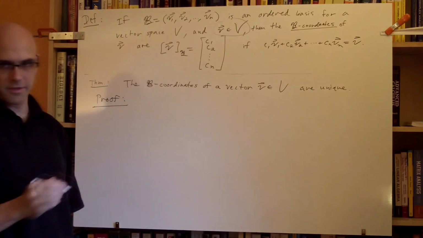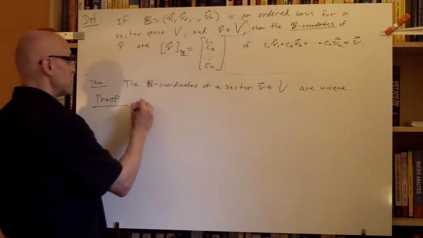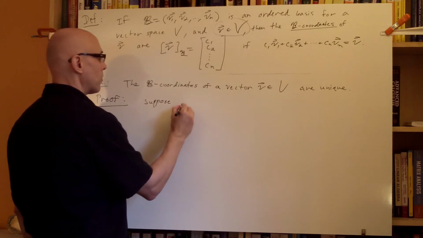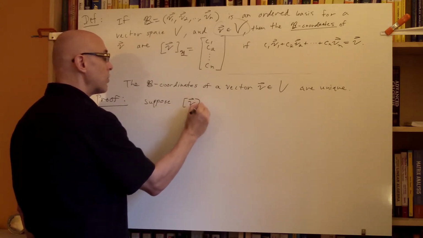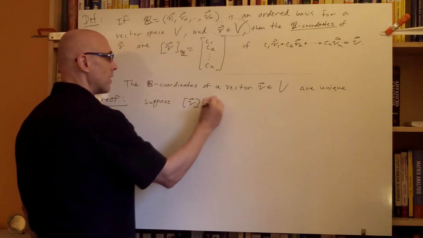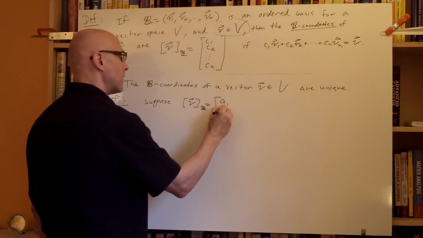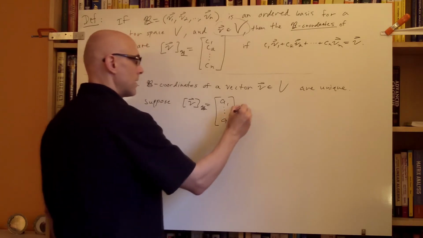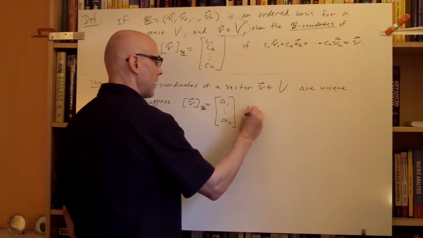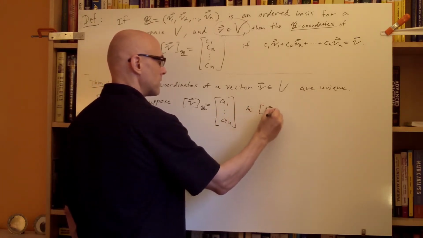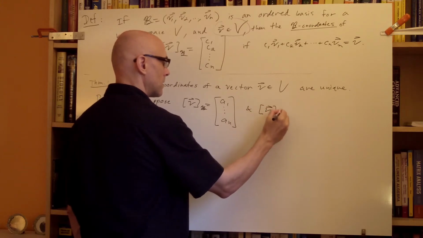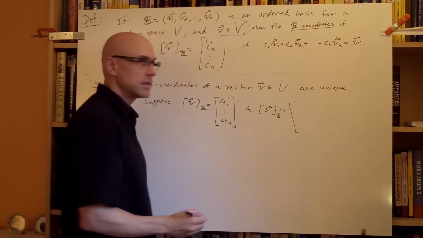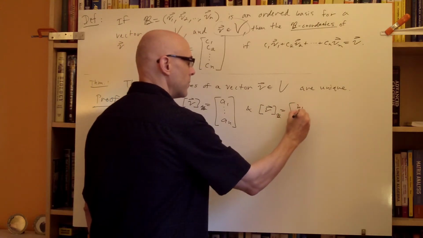You prove this. Suppose the B coordinates of V are A1 to An, and also the B coordinates of V could be given as, say, B1 to Bn.